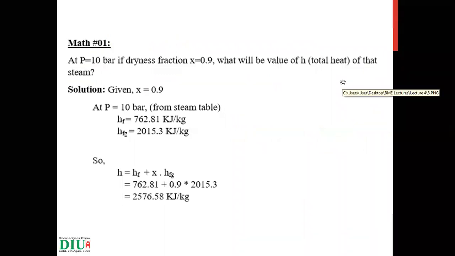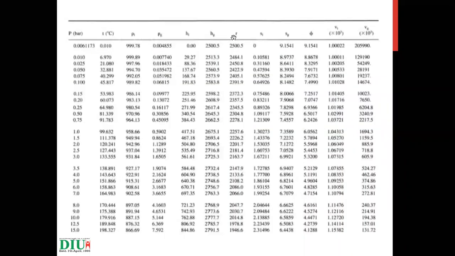Let me clear the drawing. You see that this is the steam table, where the first column is the pressure column, P in bar, with different values of pressure given. You see the values 1, 1.5, 2, 2.5, but our pressure is 10, so we mark this row 10.